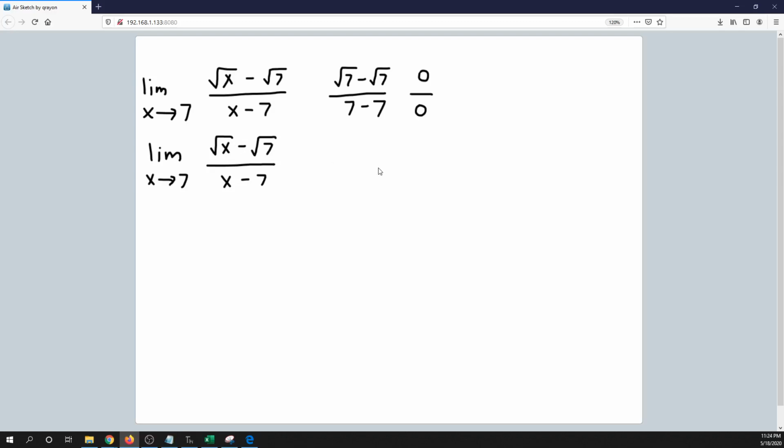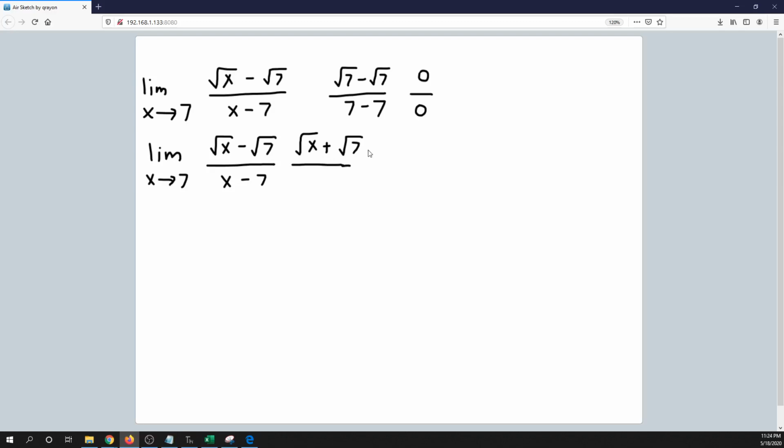So we are going to multiply the top and bottom of this expression by the same parts over here, square root x and the square root 7, but instead of being joined by subtraction, they are going to be added together.